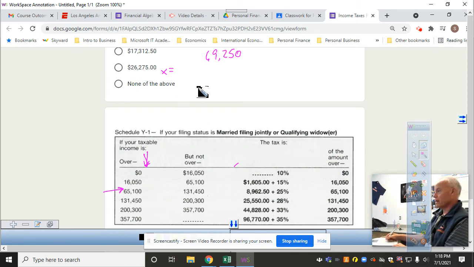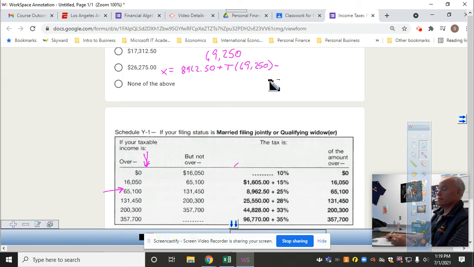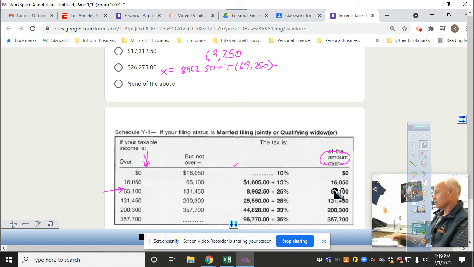So here I would say 8,962.5 plus T. T is my taxable income, 69,250, minus the bottom end of that particular tax bracket, or the amount over 65,100.